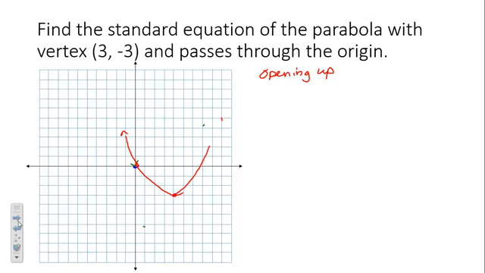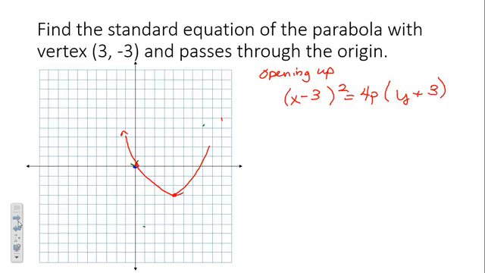So now that we know it's opening up, is it x squared or y squared? X is squared. So (x something) squared equals 4p times (y something). Is it x plus 3 or x minus 3? Minus. Is it y plus 3 or y minus 3? Plus.